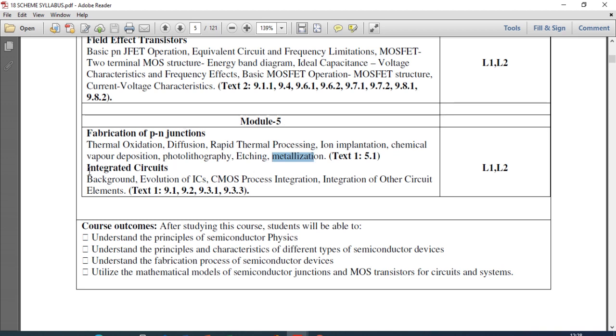Then we'll move on to integrated circuits, which is a very simple topic. Here also we'll discuss fabrication. First we'll discuss the background of integrated circuits: I will define what an integrated circuit is, its background, evolution, and CMOS integration, then integration of other circuits. In another 2 or 3 classes, we will wind up Module 5.